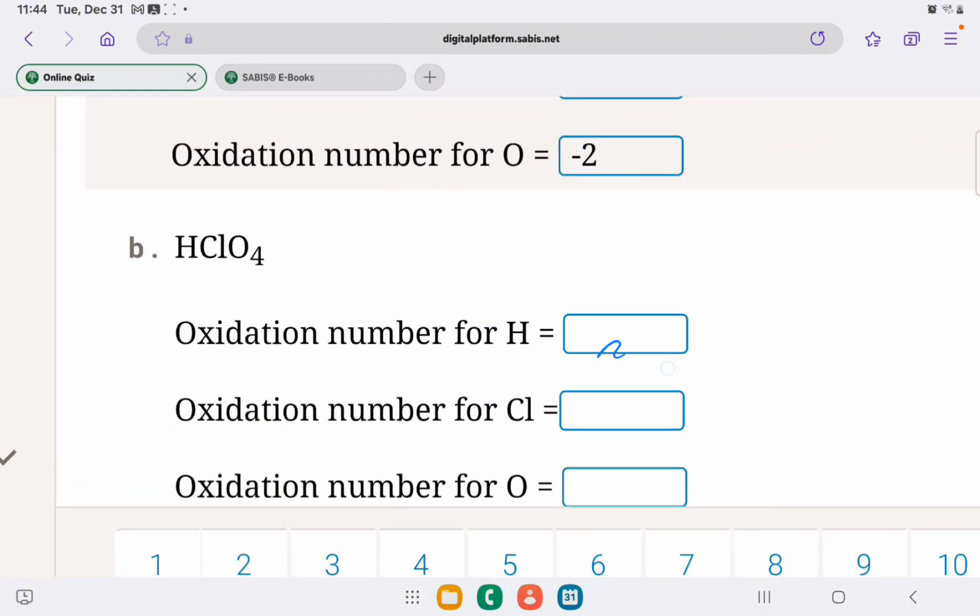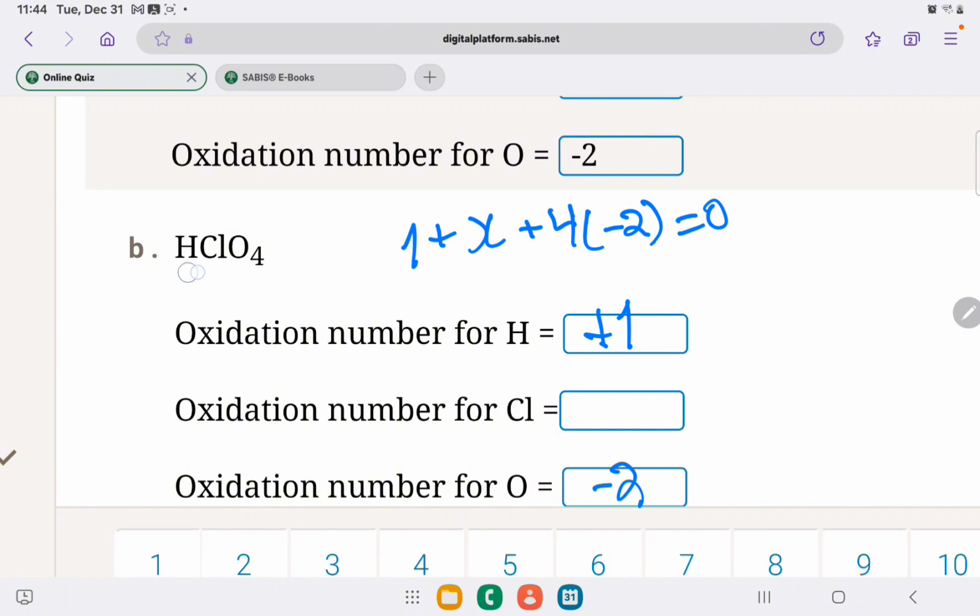And here hydrogen is always +1, oxygen is always -2. We have to find the chlorine, because Cl is always -1 except when it's with oxygen, so 1 plus x plus 4 times -2 is equal to 0.